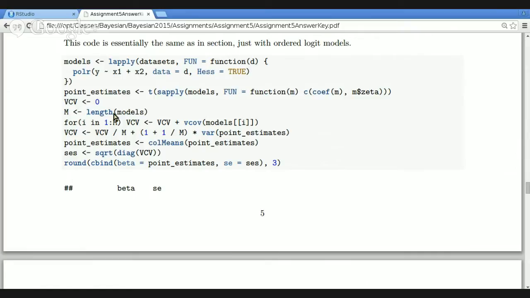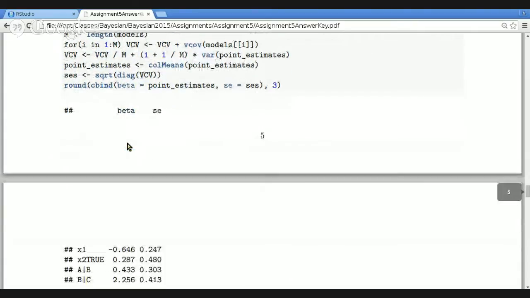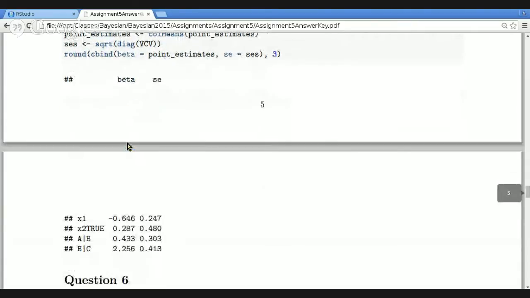And basically, it's the same code that we did in section. The only thing is you have to append the cut points onto the coefficient estimates when getting the point estimates. Then you can average those point estimates to get even more pointy estimates and get standard errors for those.